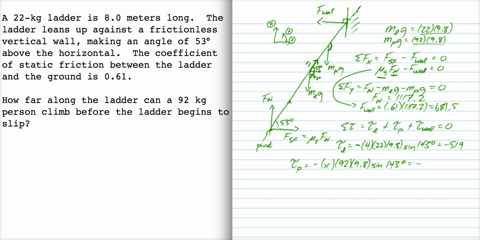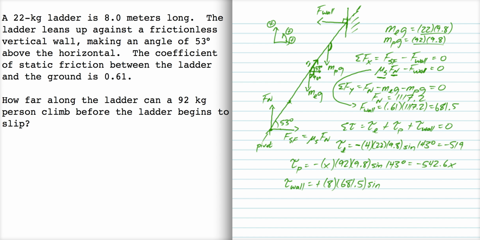So that's minus 542.6x. And then finally, we have the torque due to the wall. That's positive, and the distance from the pivot to the point of application of force is the entire length of the ladder, which is 8. We multiply that by the wall force, which we know is 681.5.